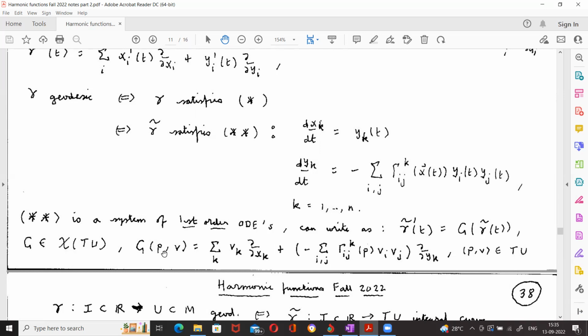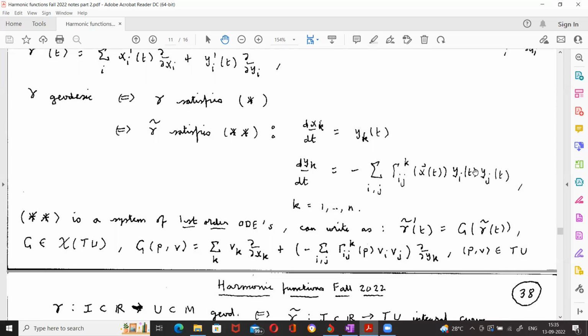So G at a point (p, v) is going to be what? Look at the first equation here. The dxk dt's are equal to the yk's. The yk's are the coefficients of the vector v. So G of p should be sum over k, vk del xk plus, now look at the second equation, dyk dt equal to minus this sum.